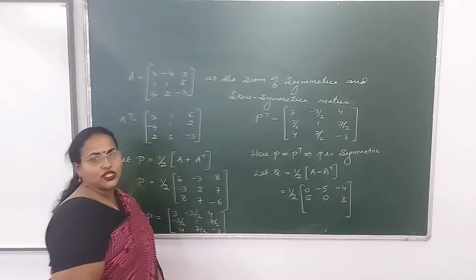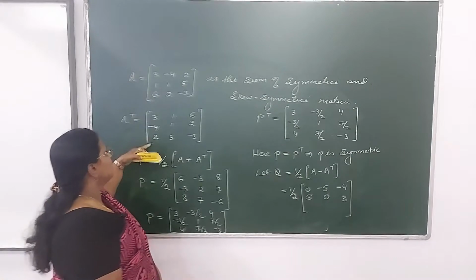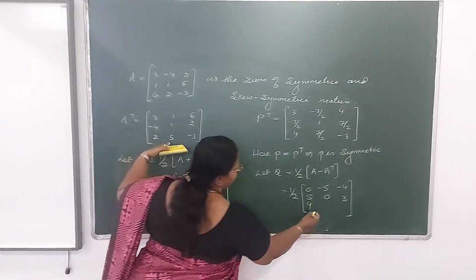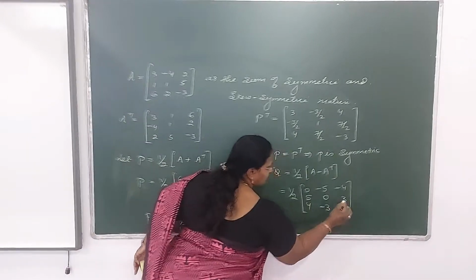So the second row is also done. Now let us go for the third row. 6 minus 2, it's plus 4. 2 minus 5, it's minus 3. And minus 3 plus 3, it's 0.